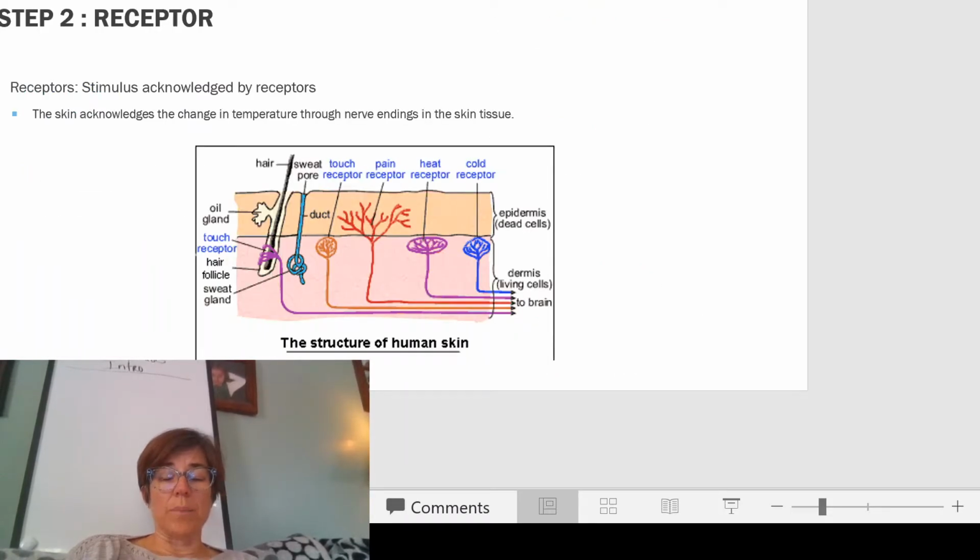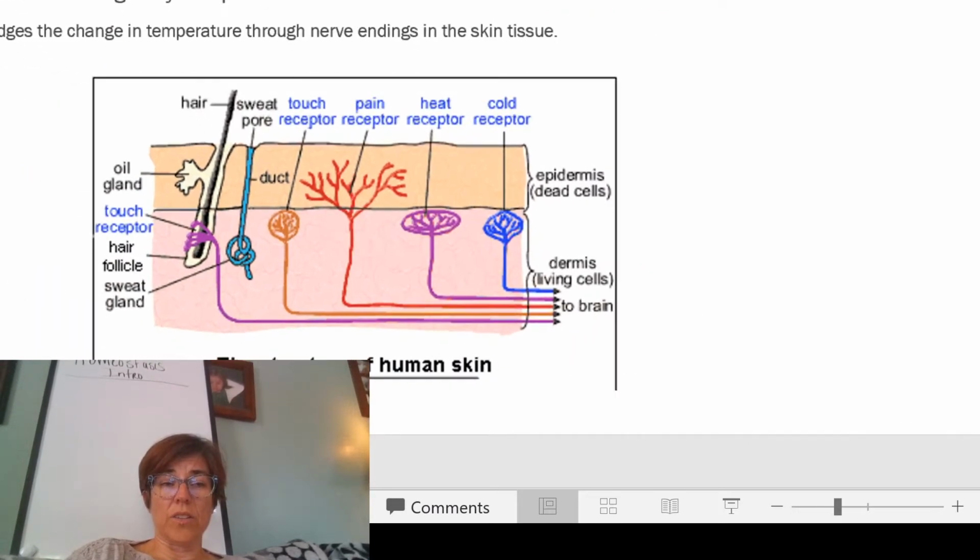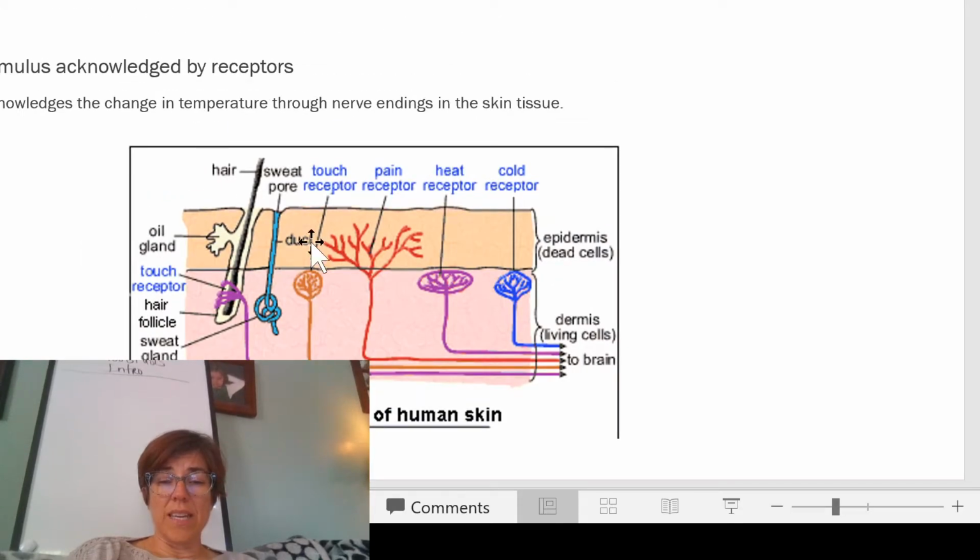We can look at the receptors. In this particular slide, we can see that this is a layer of skin. And labeled in all the blue would be some of the receptors. So there are different nerves just under the surface of the skin that feel when you touch it, that feel if you've cut yourself or if you get punched.